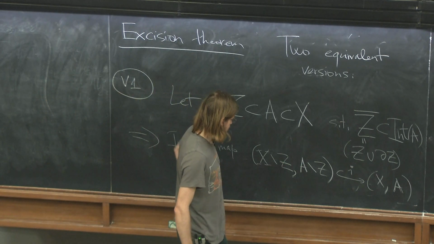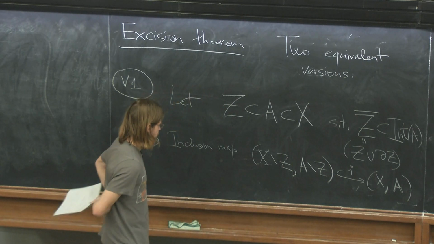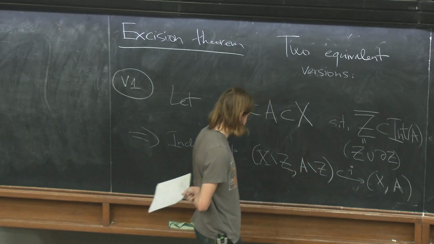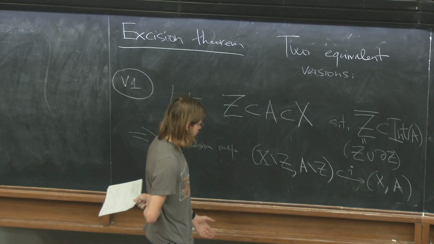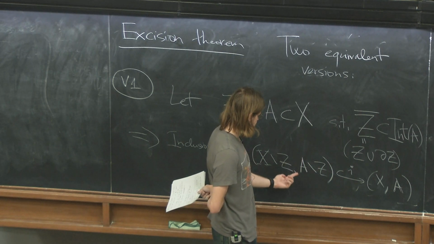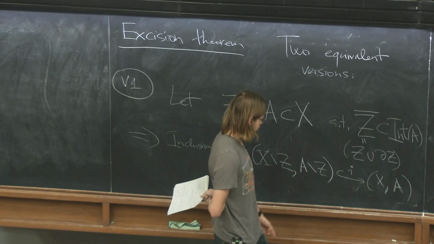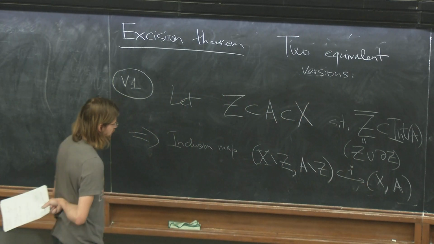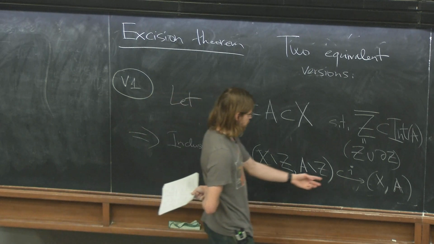So why is this good? Well, this can obviously be considered as a map between pairs, because we have to check that the image of this subspace is inside here. Well, this is automatic because I is just inclusion.